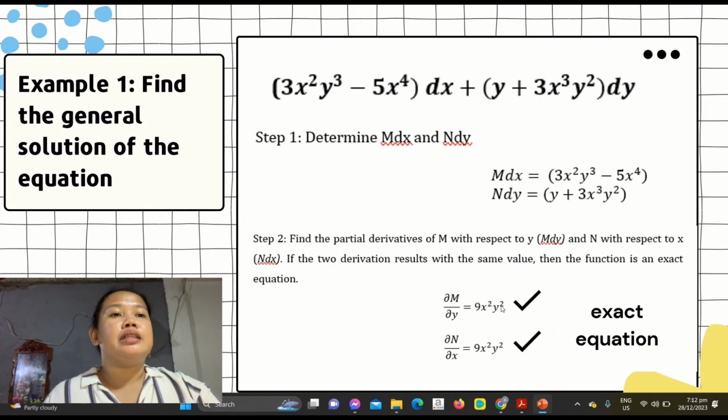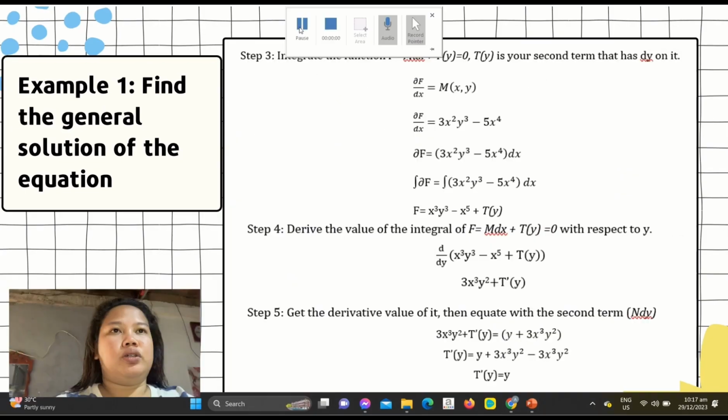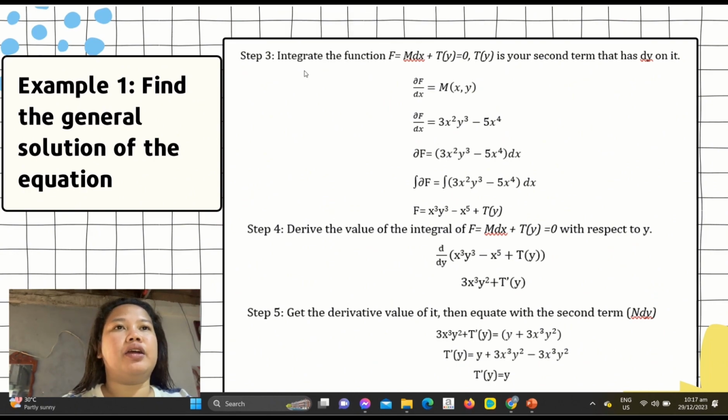Since the two derivatives have the same value, we can say that it is an exact equation. Now, for our third step, integrate the function f equals the integral of m dx plus t of y equals 0, where t of y is your second term that has dy on it.